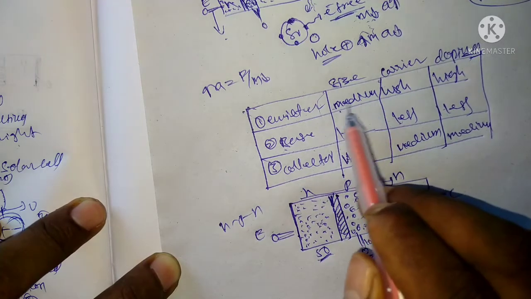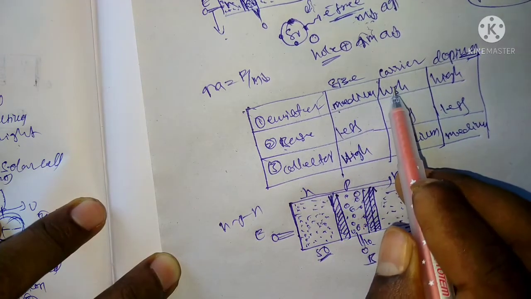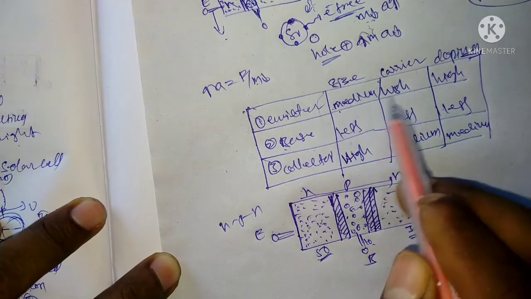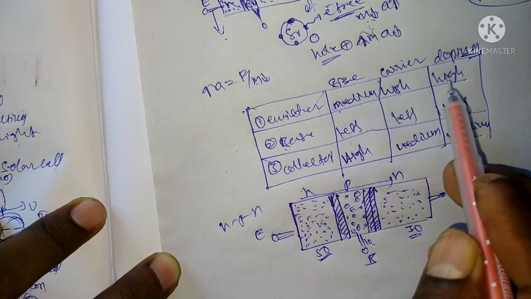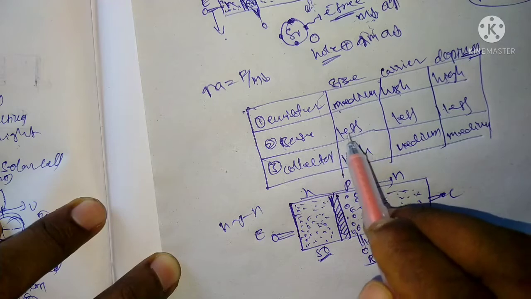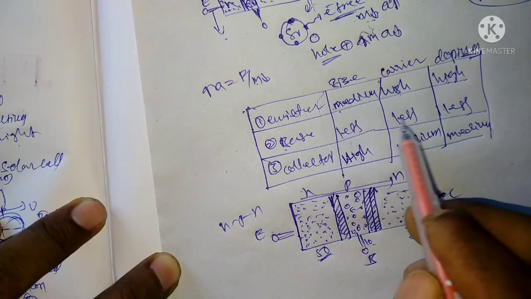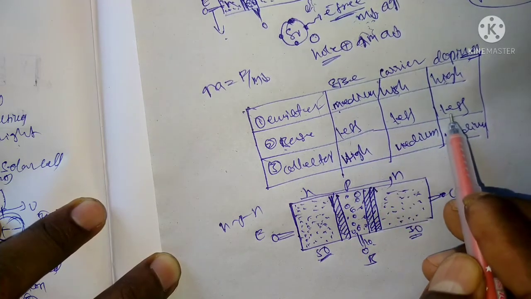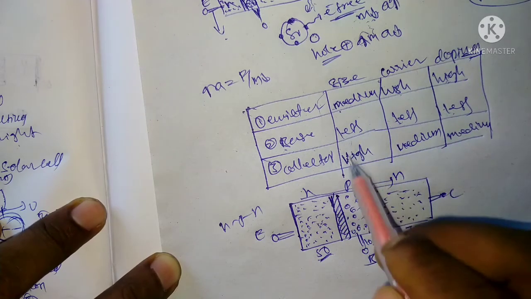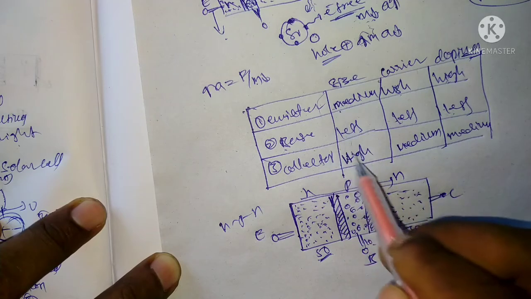It is according to size, carrier concentration, and doping concentration. The emitter is medium size, with high carrier concentration, a heavily doped segment. The base is less in everything: size, carrier concentration, and doping concentration are very low compared to the collector and emitter. The collector's size is very high.